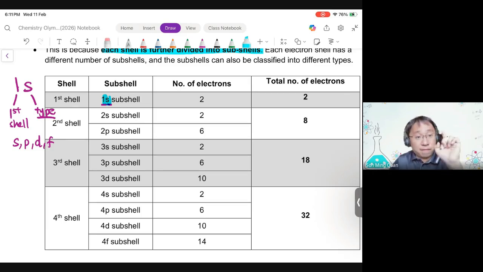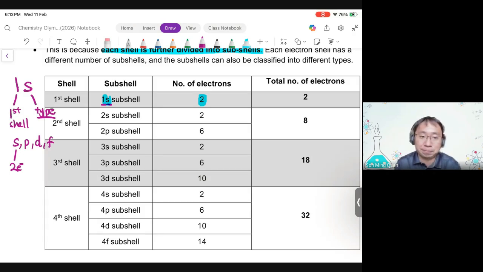Number in front is the first shell, second shell, third shell. Okay? Now, the S subshell only holds 2 electrons. I repeat, the S subshell holds 2 electrons. That's why, because the first shell only has the one S subshell, it can only hold 2 electrons. That's why first shell, 2.